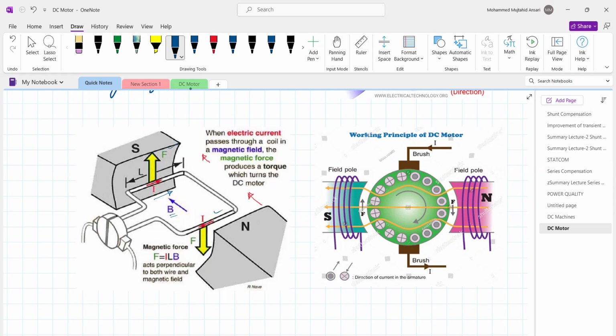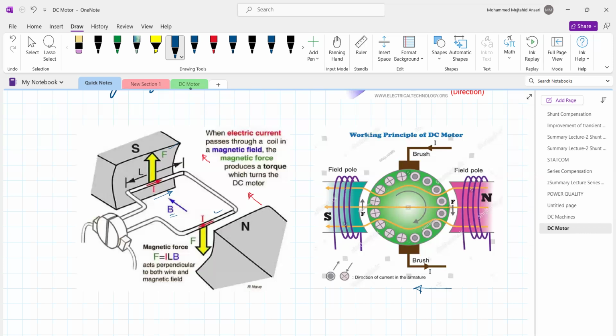Let you place a number of conductors over the periphery of some circular shape. So see here in this diagram, this is the north pole, this is the south pole. The flux direction is from north to south, whereas the conductors carry current in opposite directions. So this is the current, it is going away.